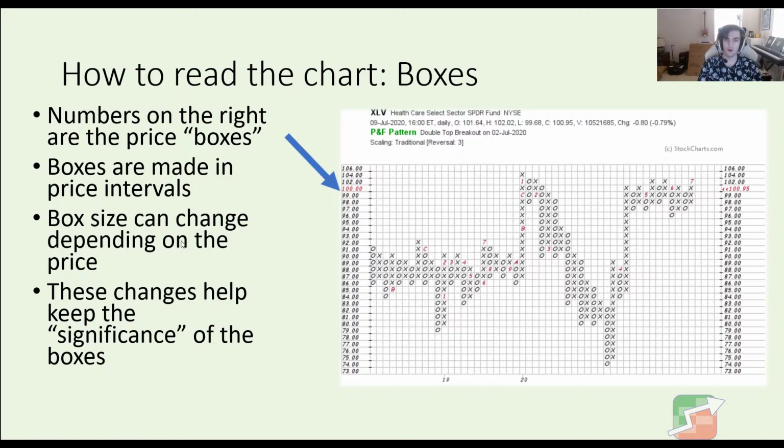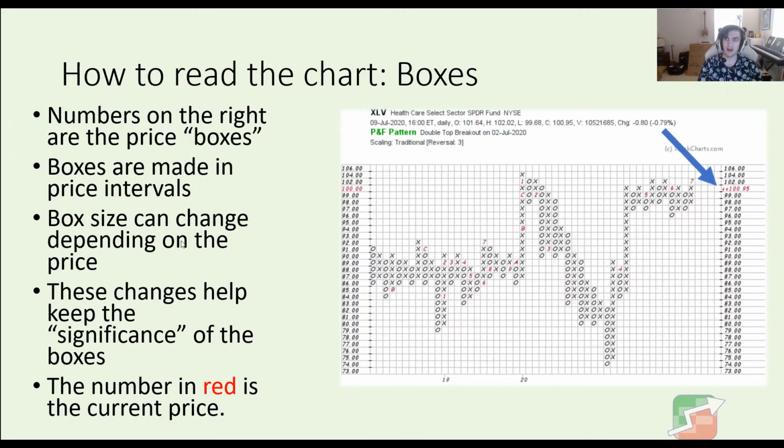But if we look over on the right side of the chart, this tells us the current price. So while we are in the box from $100 to $102, the current price of this fund is $100.95.